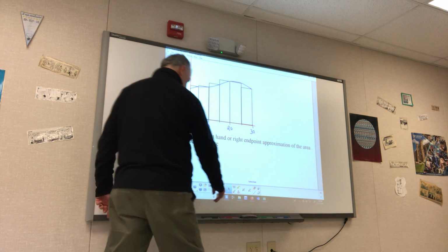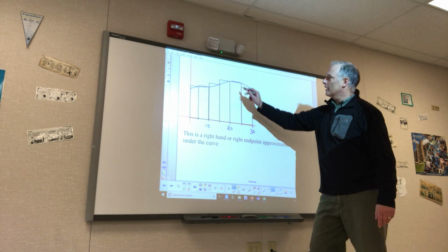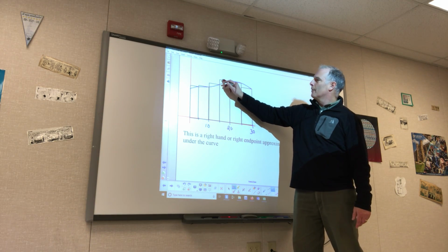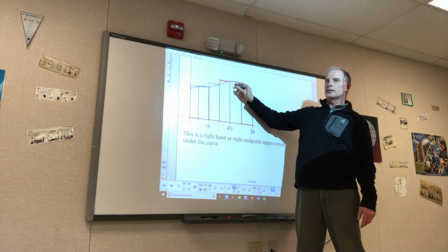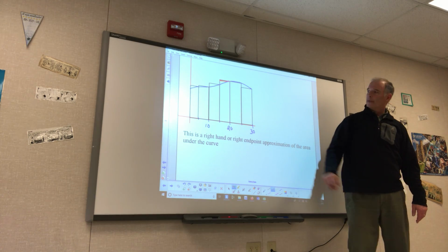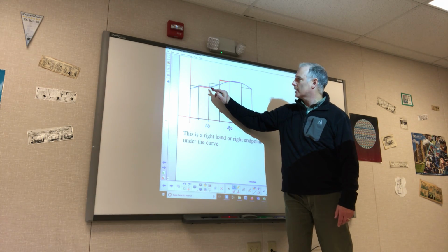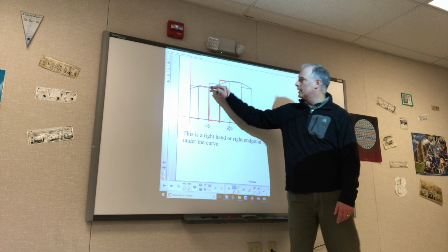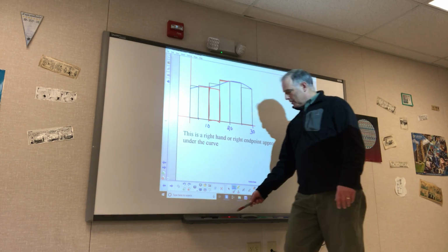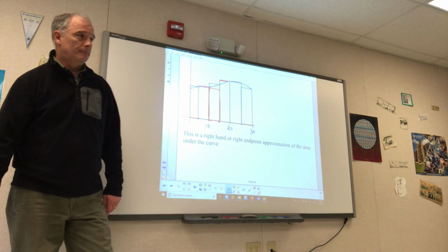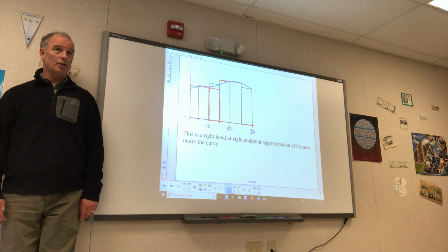Because when I change this to a right approximation, the height of this rectangle on the right-hand side is the height that the left-hand one was just a moment ago. So you have all the same numbers. You don't need to retype them all again. Make sense?